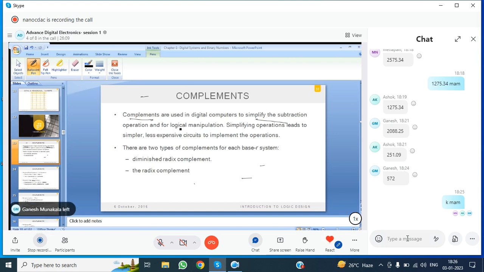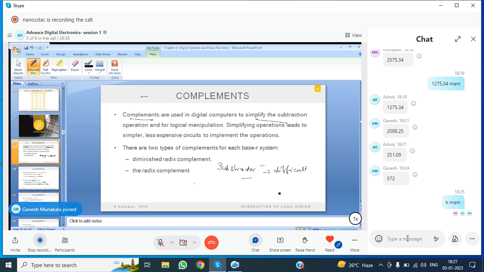And for logical manipulation also, especially in encryption we use the complements. And simplifying any operation leads to less expensive circuits. So the binary subtractor circuit is difficult to design.